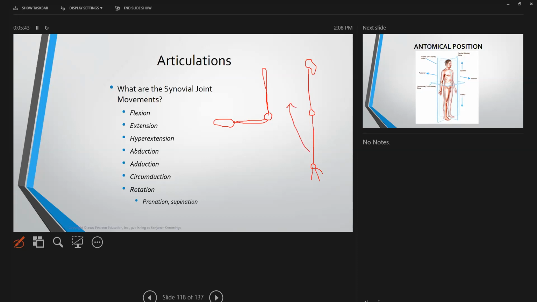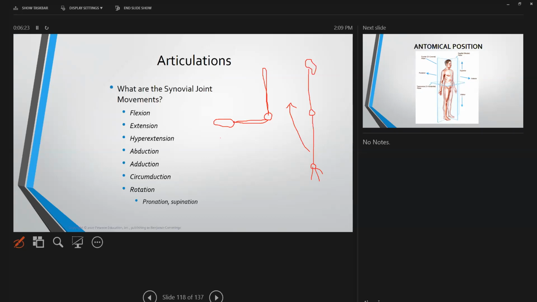Remember that all of the articulations start at the skeleton in the anatomical position.